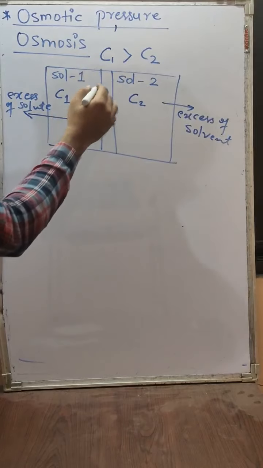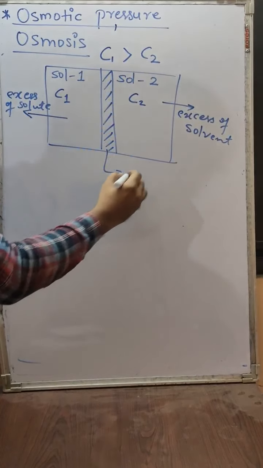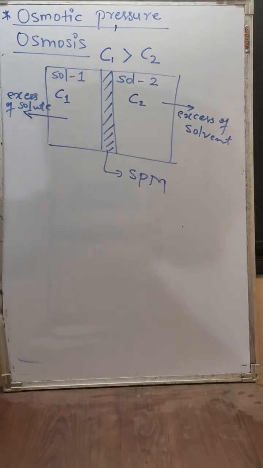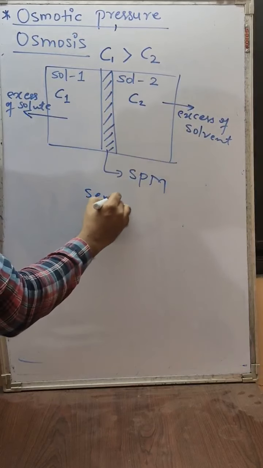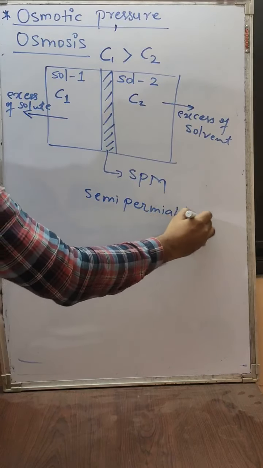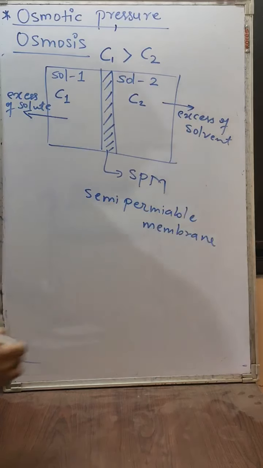And here we have taken a membrane. This membrane is called a semi-permeable membrane.